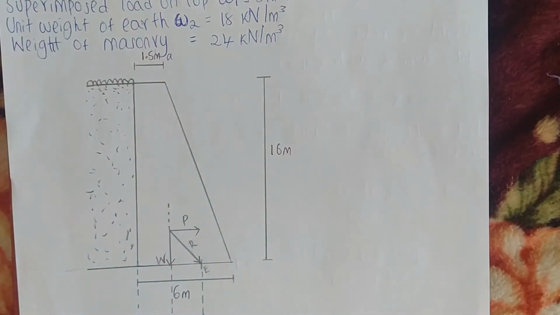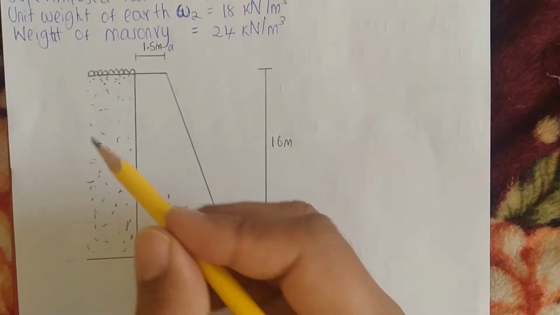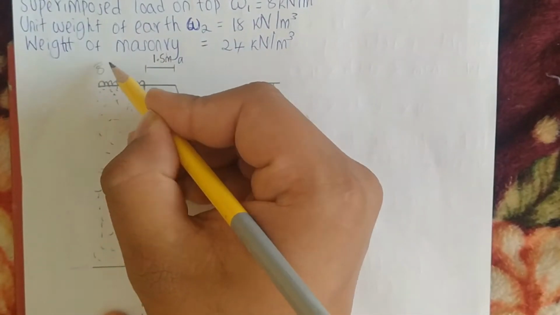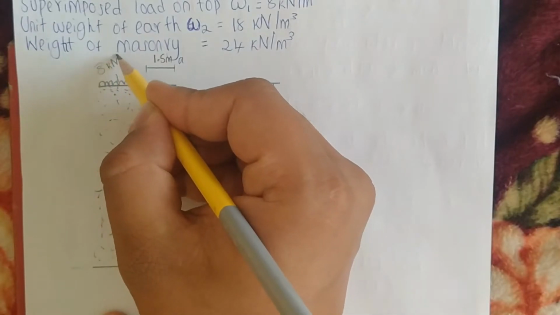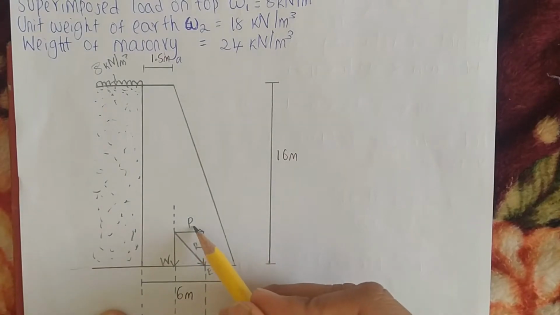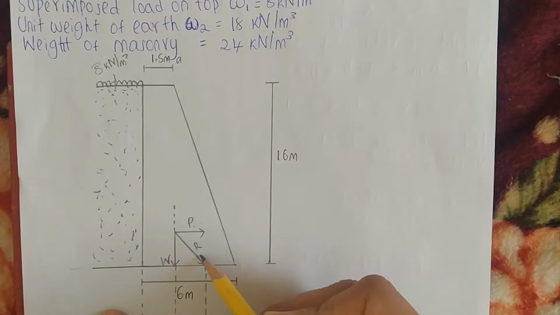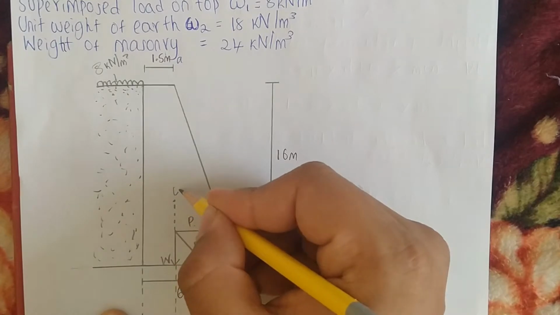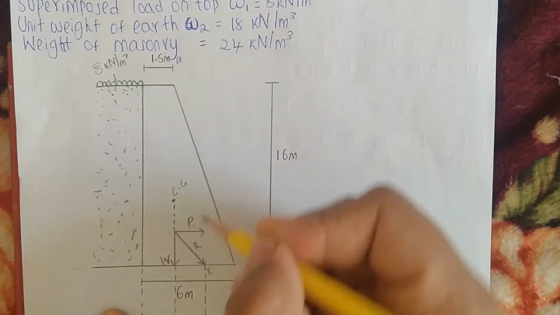This can be any load, let's say a road passing there or anything else. So this is our superimposed load, which is 8 kilonewtons per meter squared. And then here we have our resultant pressure. This is our resultant thrust. This is the resultant weight, and we have our center of gravity at this point.